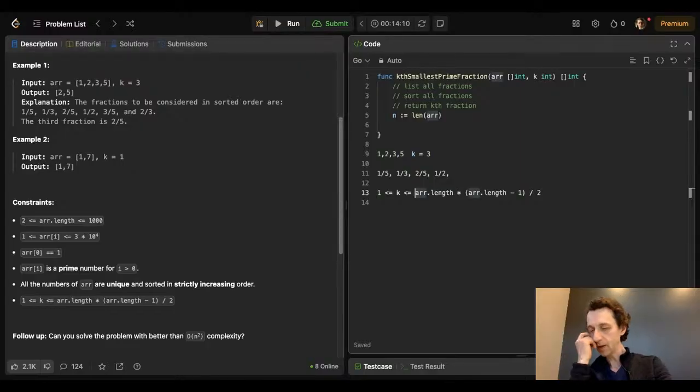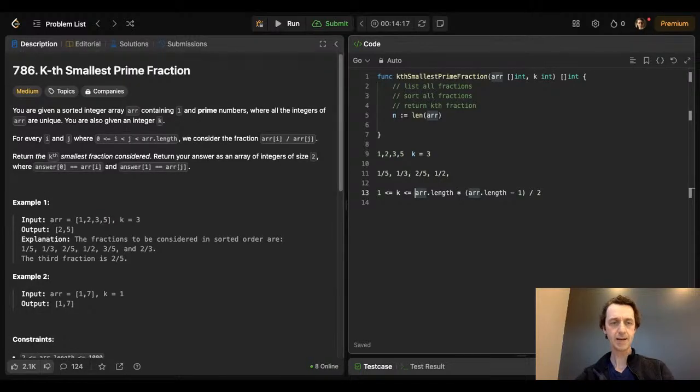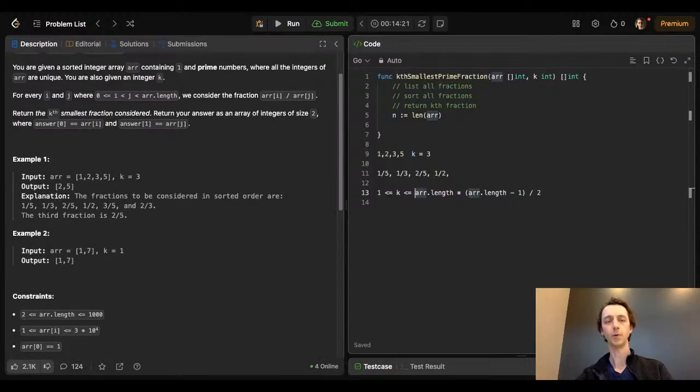Okay, yeah, then what is another way to tell this is the third one, or this one is this n by n minus 1 divided by 2, which basically is a constant.